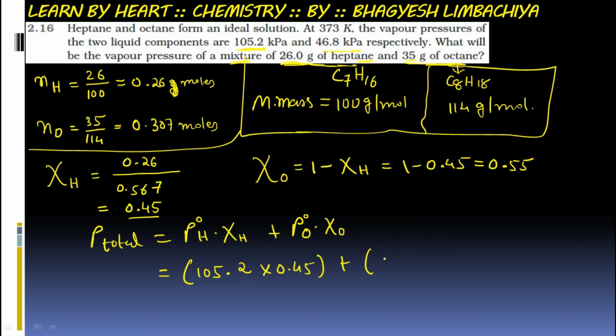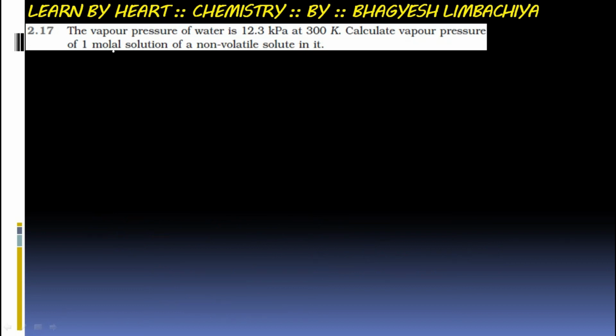Similarly here 46.8 multiplied by 0.55, and by multiplication and then addition we are getting 73.01, unit is same, 73.01 kilopascal.